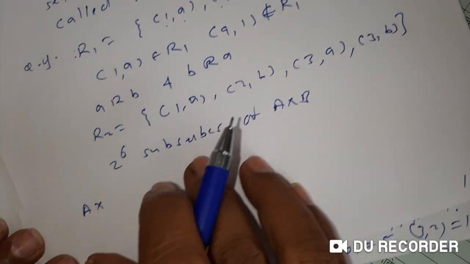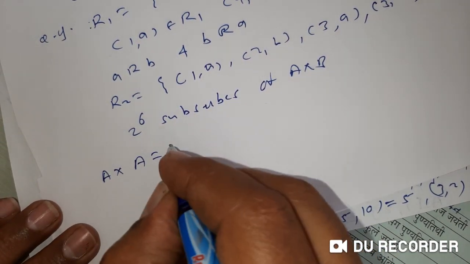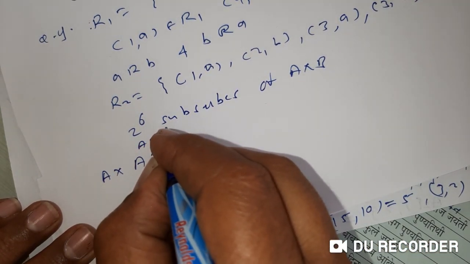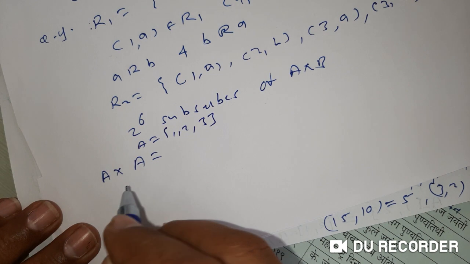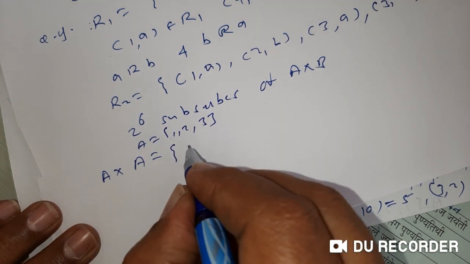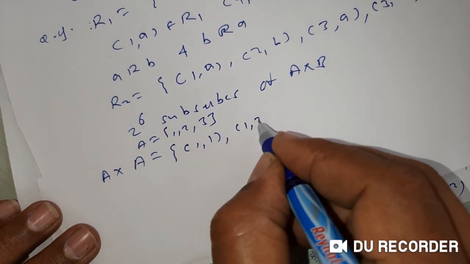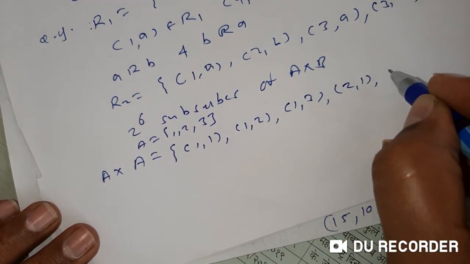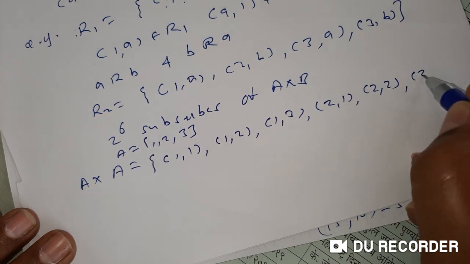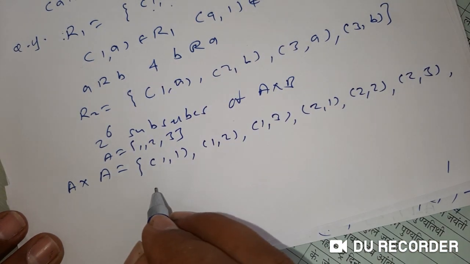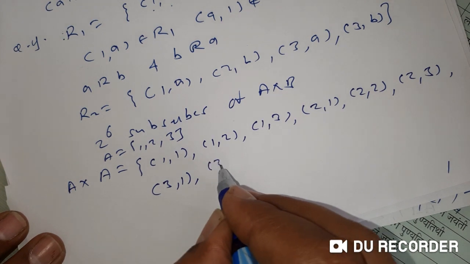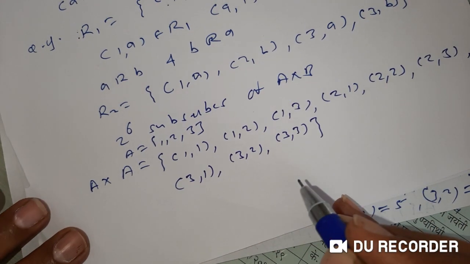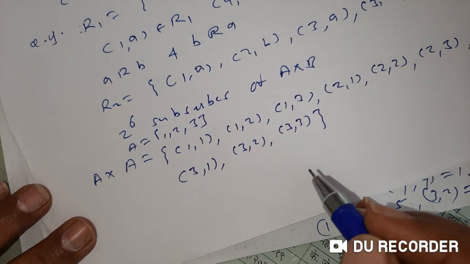So then we can find A cross A. So what is A? A is the set {1, 2, 3}. Then what is A cross A? It contains the elements (1,1), (1,2), (1,3), (2,1), (2,2), (2,3), then (3,1), (3,2) and (3,3). So it contains a total of 9 elements, because A contains 3 elements.